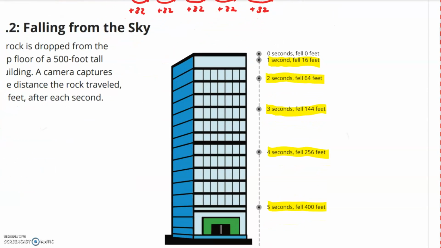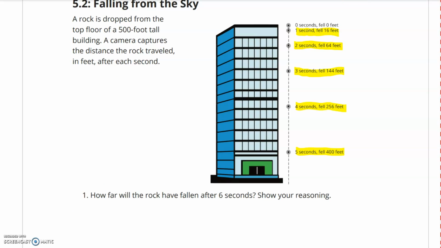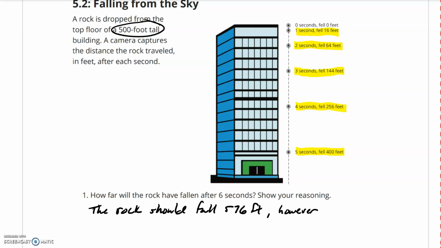Okay, so we come down here and we look at our situation, and we know that the rock should fall 576 feet. However, notice the building is only 500 feet tall.